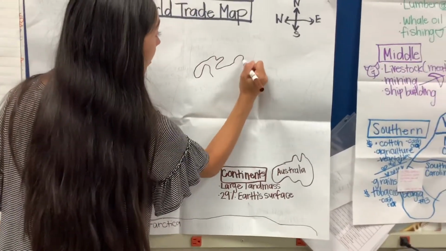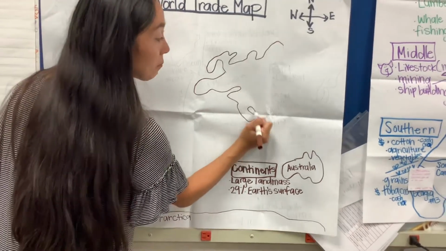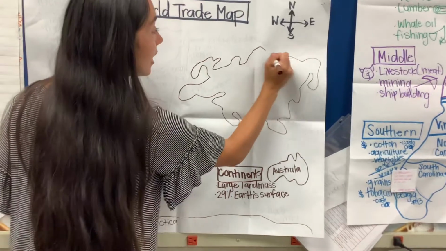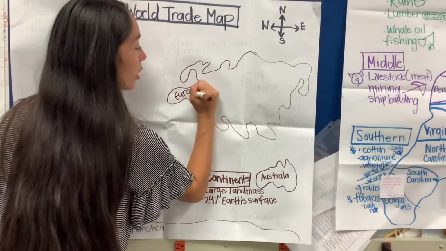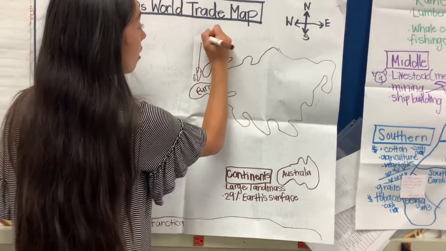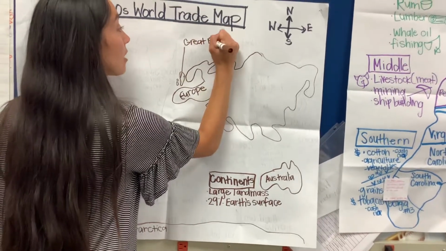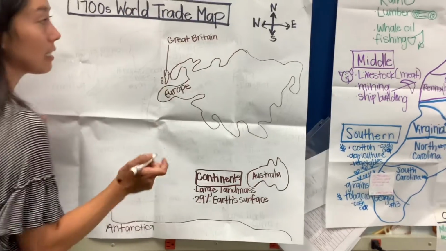Next, one of the continents that we're really going to focus on, because it was extremely busy during this 1700s time, is Europe. Say that continent name with me, Europe. Europe also has the country of Great Britain. Say that with me, Great Britain.